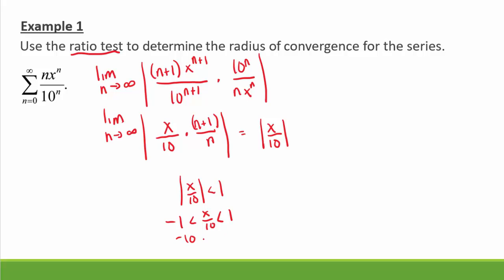So our interval is technically from negative 10 to 10, so our center is 0, and therefore the radius is 10.